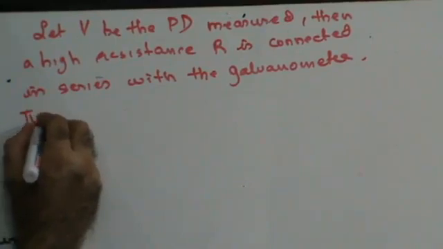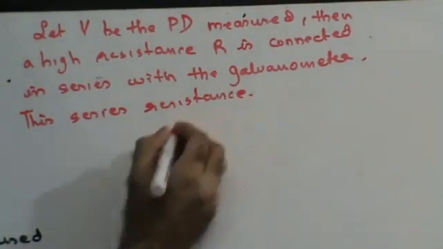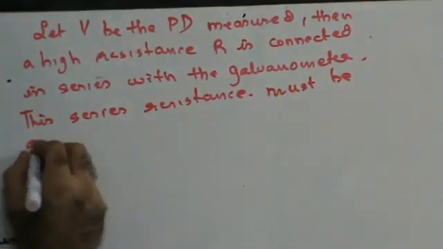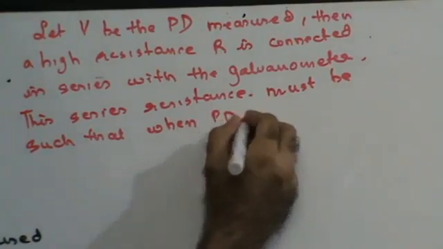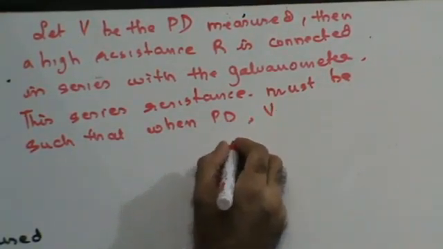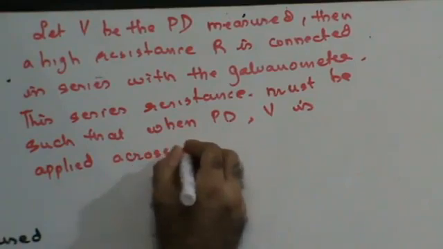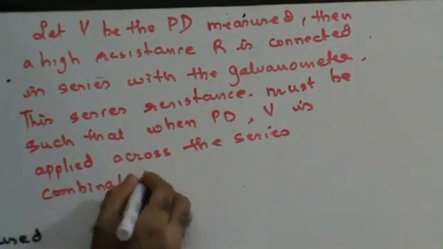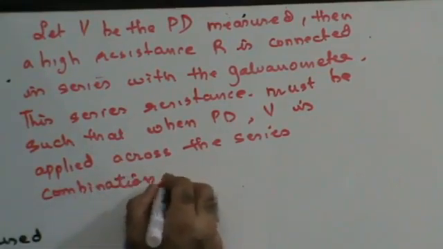This series resistance must be such that when potential difference V is applied across the series combination of G and R, the current Ig should flow through the galvanometer and give full scale deflection.